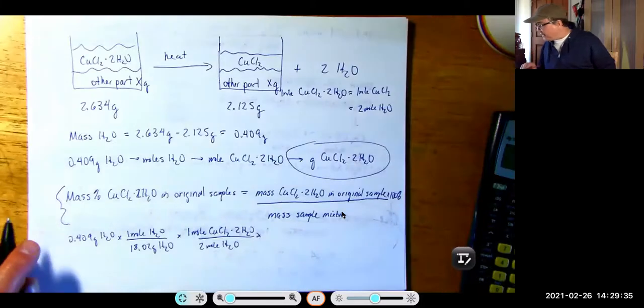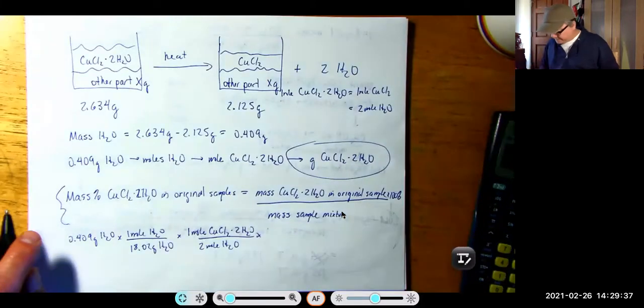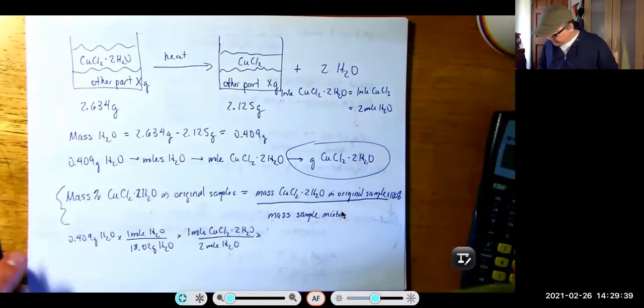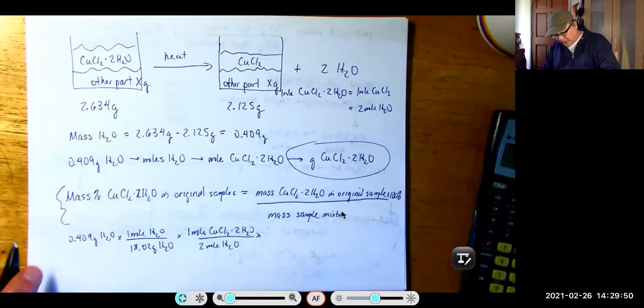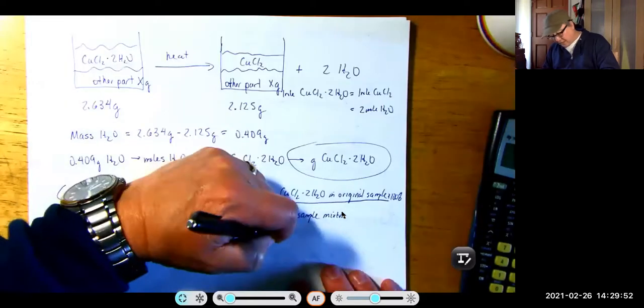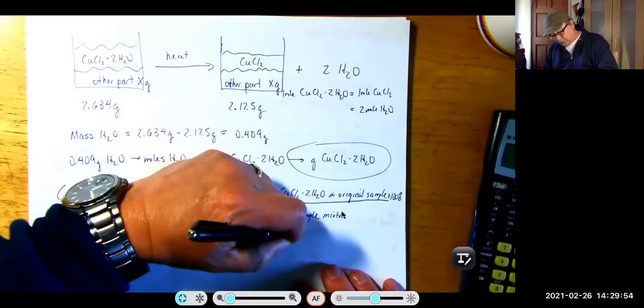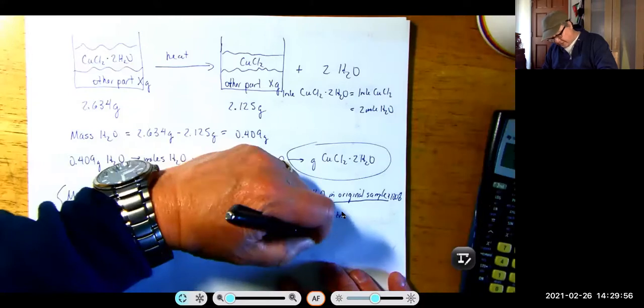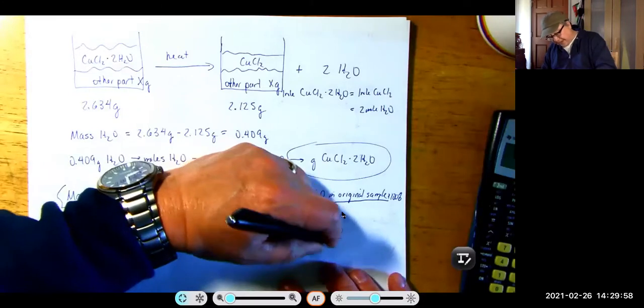Is it 55 or 85? 55, plus 70.90 for the 2 chlorines, plus 18.02, and plus 18.02. So times 170.49 grams of copper(II) chloride dihydrate per 1 mole of the same.